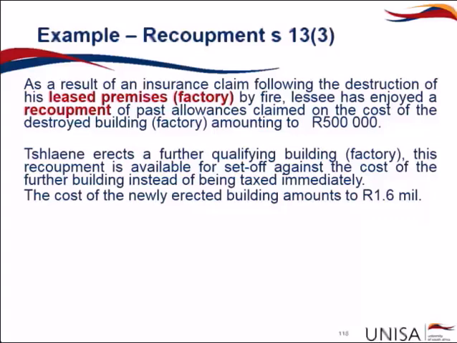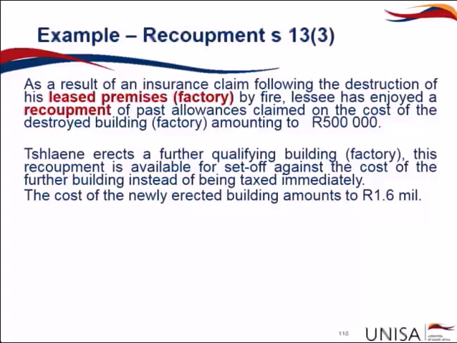So we've got a section 13 recoupment there, or we've got a recoupment on a section 13 asset of 500,000. The taxpayer erects a further qualifying building, and this recoupment is available for set-off against the cost of the further building instead of being taxed immediately. The cost of the newly erected building is 1.6 million.